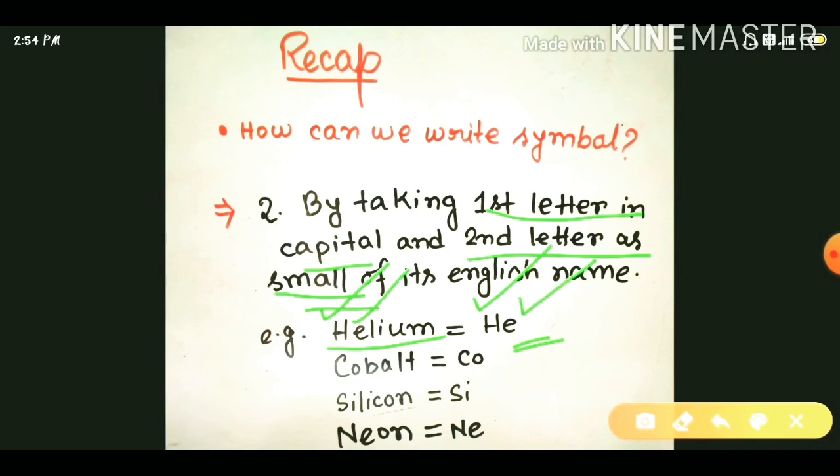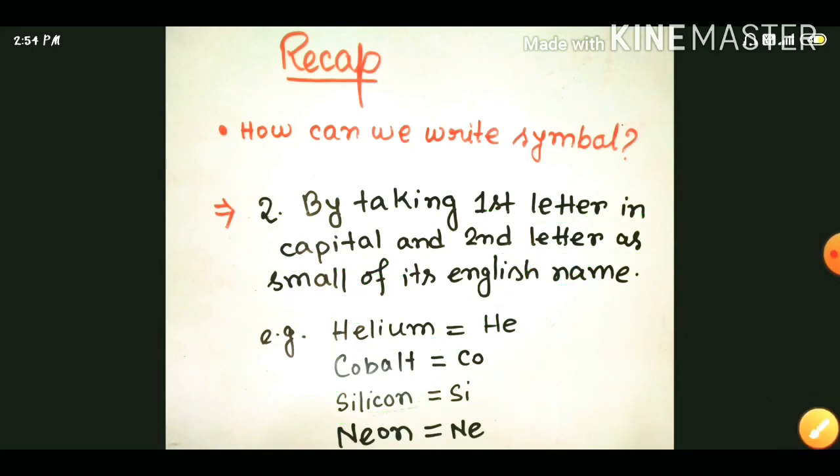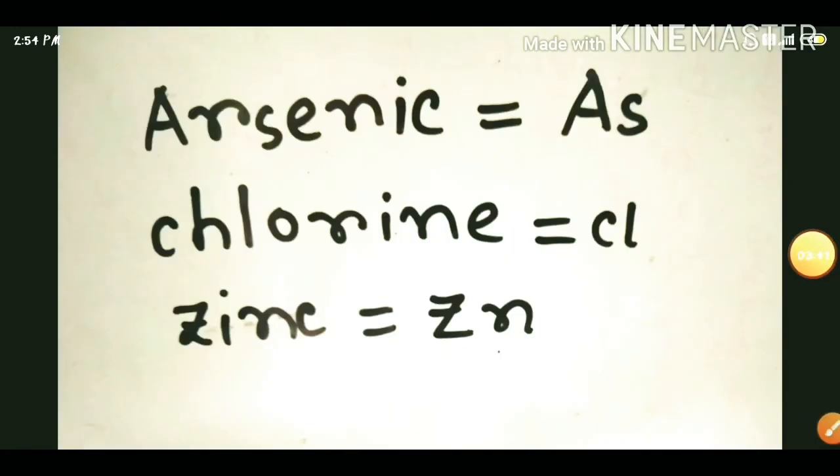We don't take H only according to the first rule, because H is taken for hydrogen, right? So for helium we take H and also the next one, e. For cobalt, capital letter C, and then the next letter is written in small. Silicon and neon also follow the same rule. Also remember this.